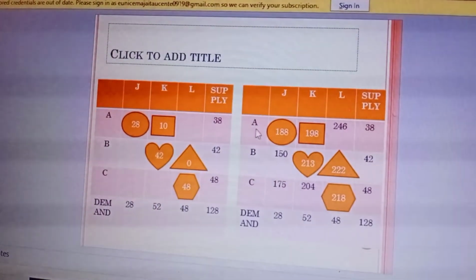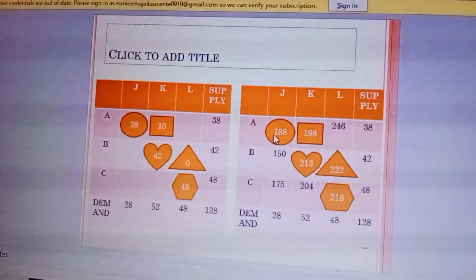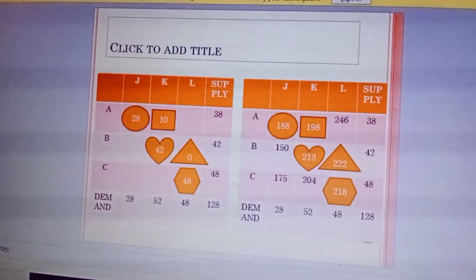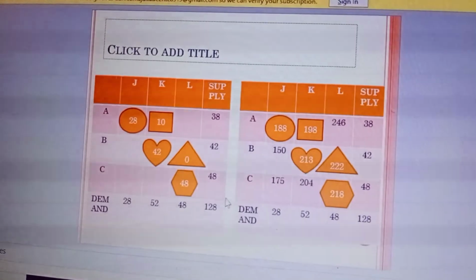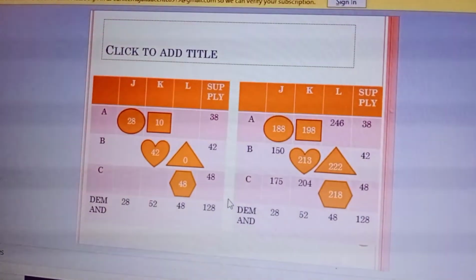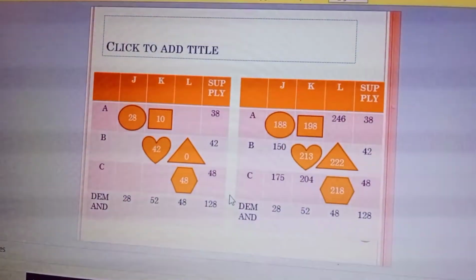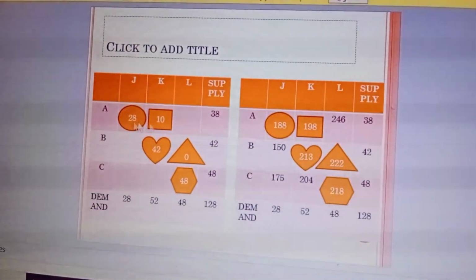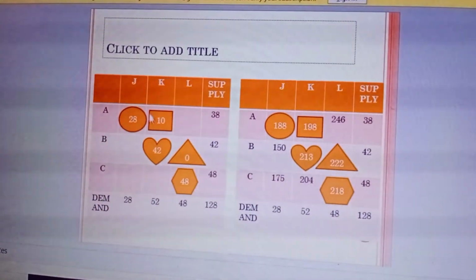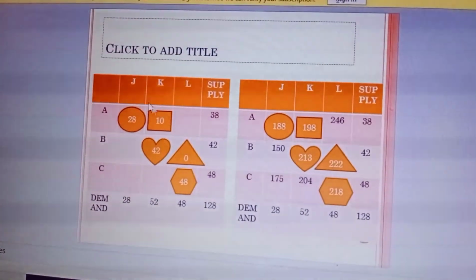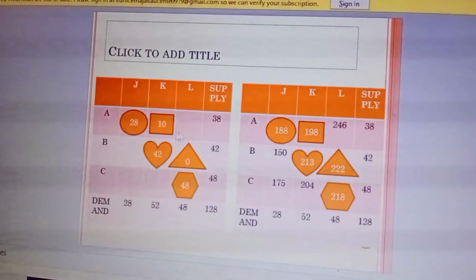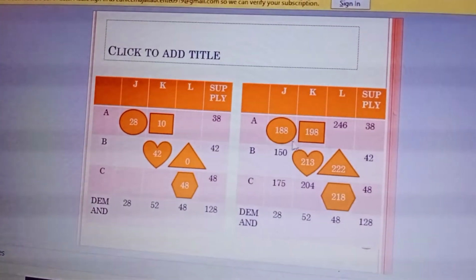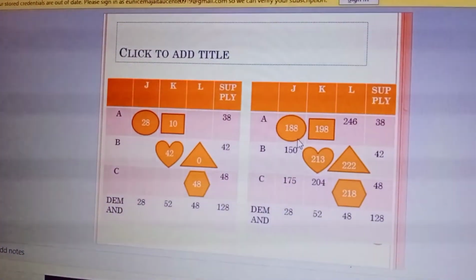If we multiply 28 times 188, the answer is 5,264. We discuss it to the last part of our presentation.